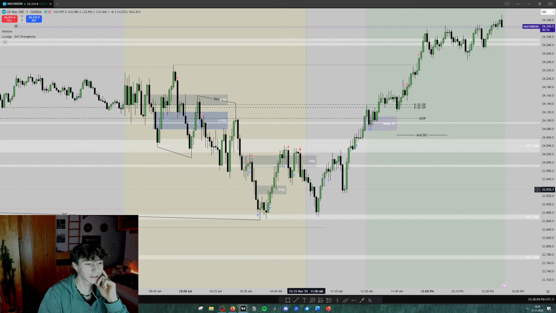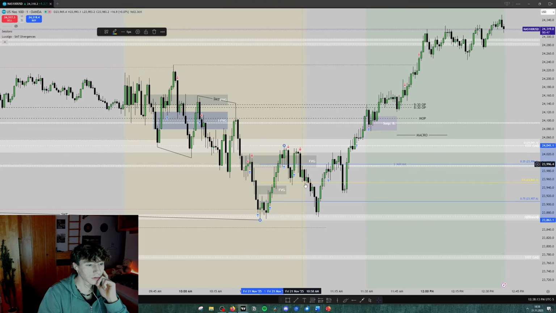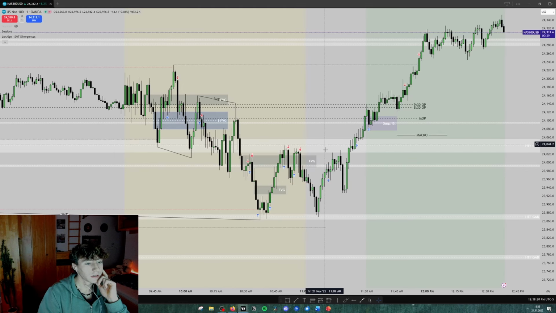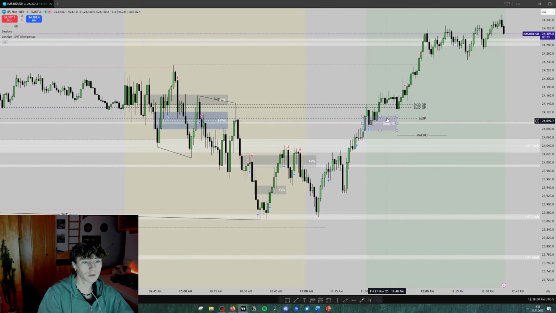So that's definitely something I will be more aware of, that a reversal is more likely to occur after 11 a.m. And if we also look at consequent encroachment, we are entering even above the upper quadrant. So that's a bit too high. And also the short right here is not perfect, but yeah, I really like the long within lunch.